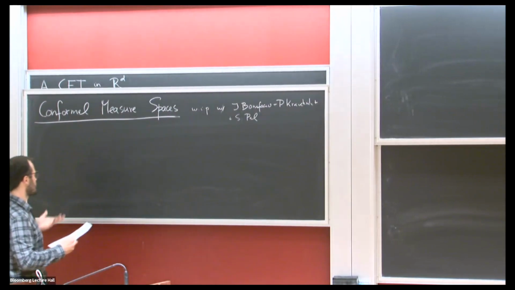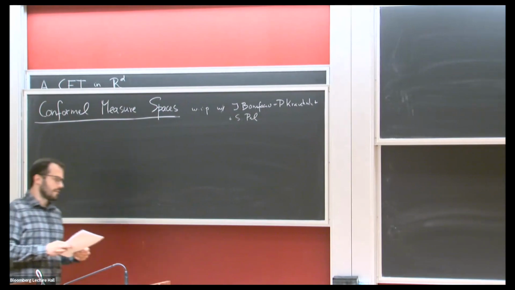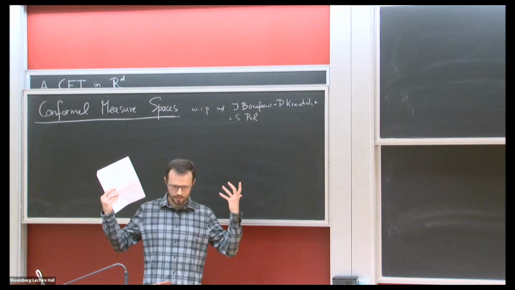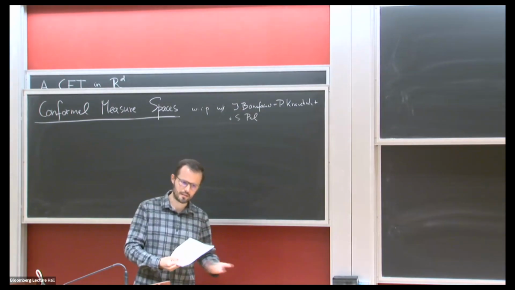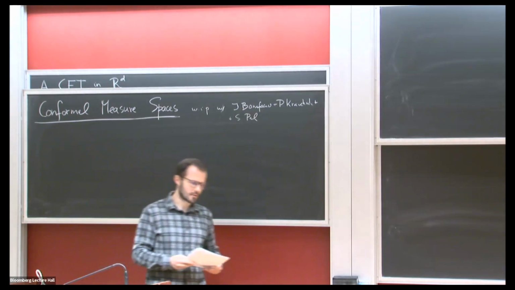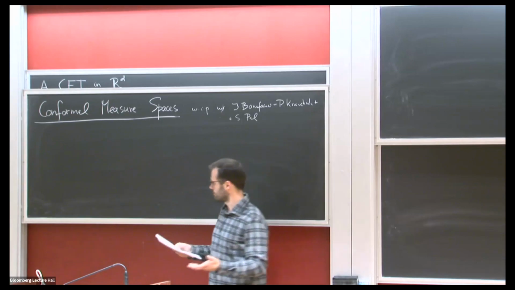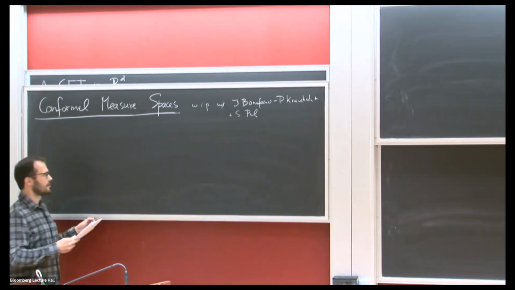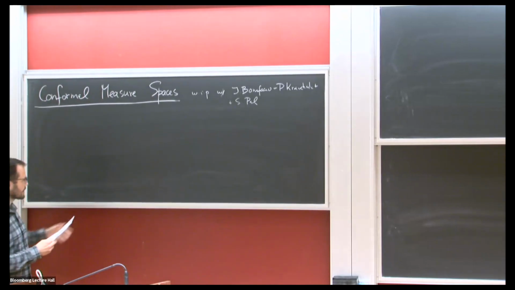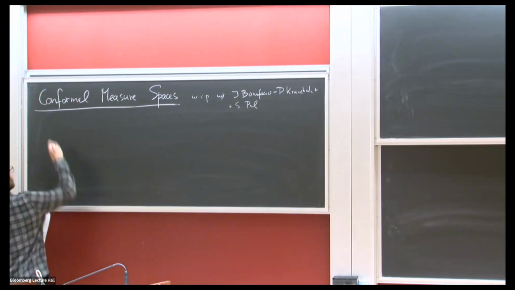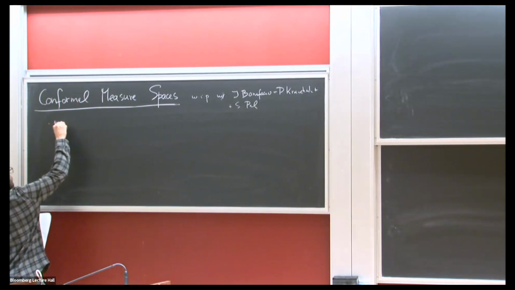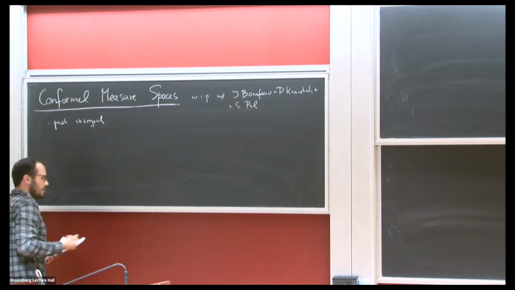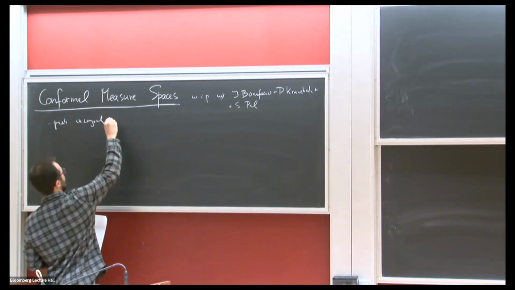Okay, so let's first ask, what is the machine that produces these solutions in the case of a CFT? The way to get consistent quantum field theories is a path integral. So a path integral is a measure space. So you can already see where this is going. The idea is that the path integral is a machine that guarantees consistency of a theory.